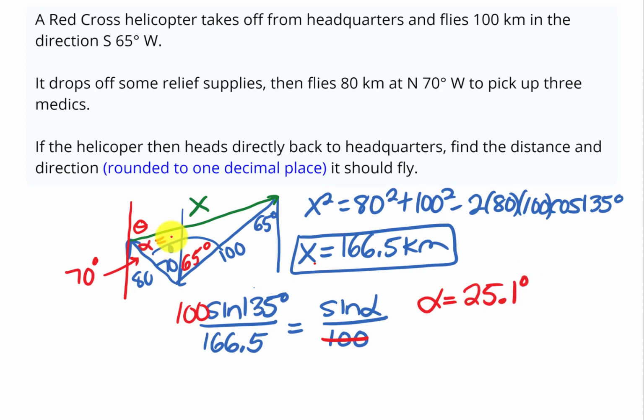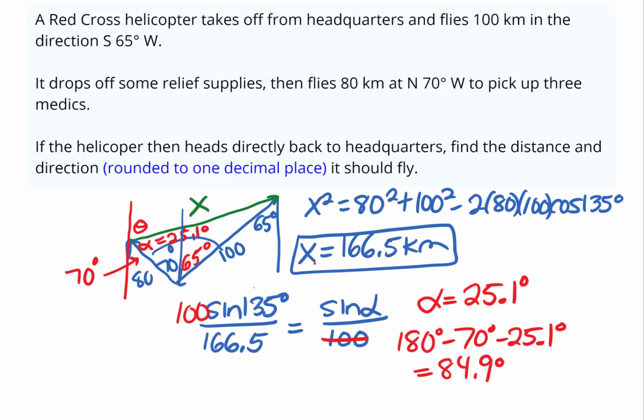So if alpha is 25.1 degrees, I know that those and theta make up a straight line. So if I do 180 minus the 70 minus the 25.1, that will tell me theta. And it looks like that is 84.9 degrees.